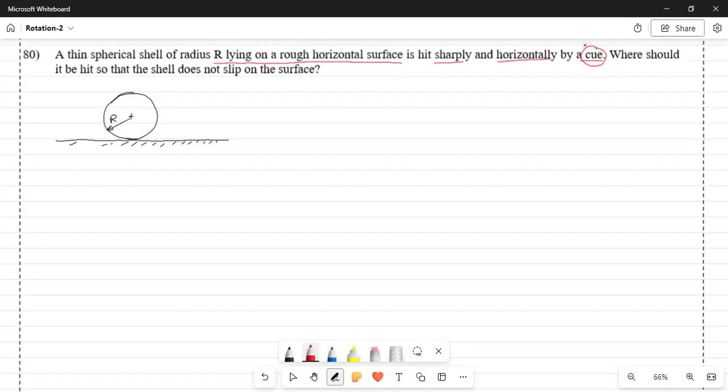That is what is called a cue. Now it is hit by a cue, and where should it be hit? Now let us say it is hit here by the cue. This is the cue.